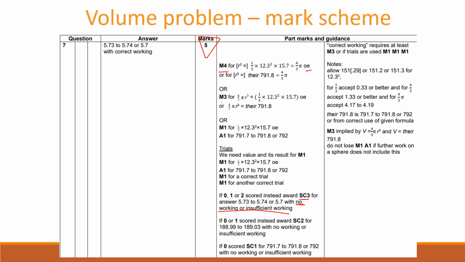Also 3 marks could have been awarded for working out 4/3 pi r cubed was equivalent to the volume of the pyramid, or equivalent as we've shown earlier. There is 1 method mark just for working out the volume of the pyramid, and there is an answer mark for getting the 791 or rounded equivalent for the volume of that pyramid. It is a fairly straightforward question when you break it down, but it does take a lot of information to break down this question to be able to get the full marks.